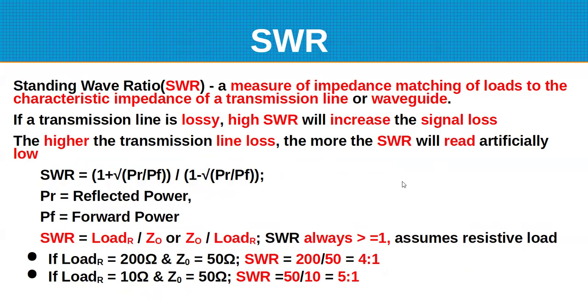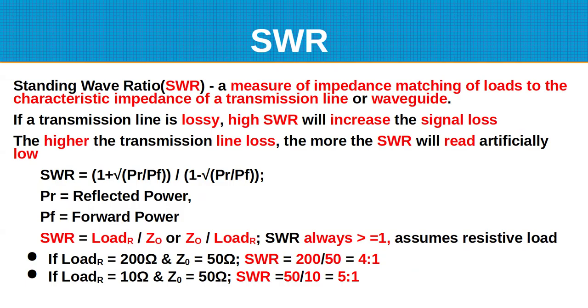So we talked about what SWR was. It's just a measure of the impedance match, the ratio. Like I said, all transmission lines have some loss, but if you have one that's very lossy, and a very high SWR, it's going to increase the signal loss even more.